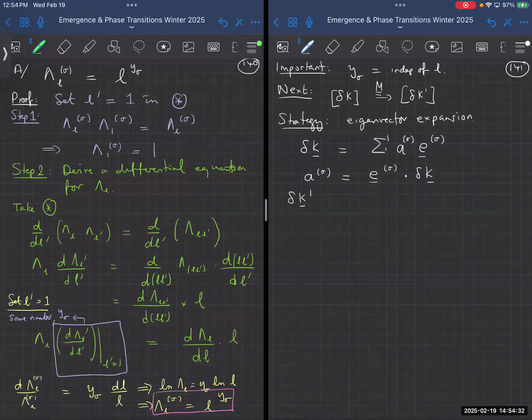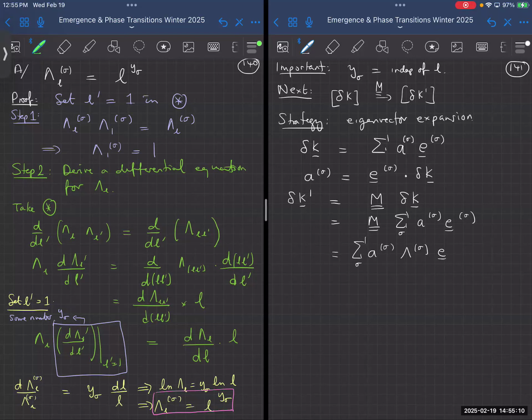Okay, so now when we compute what delta k prime is, that is going to be the matrix M acting on delta k, and delta k now has an eigenvector expansion. So this is the matrix M acting on the sum over eigenvectors E sigma, and then because the E's are the eigenvectors, that's going to give us the sum over sigma of A sigma lambda of sigma times E of sigma.